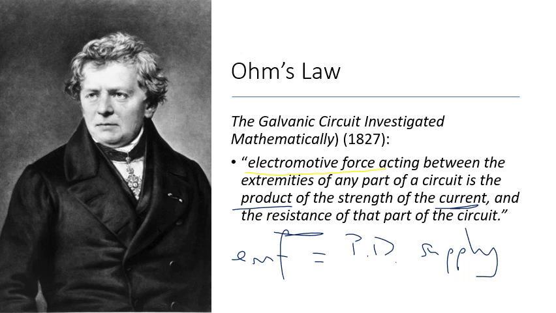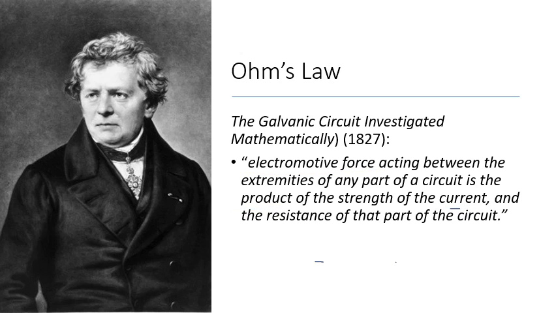So the driving potential difference of the circuit is given by the strength of the current multiplied by the resistance of the circuit, which we can write as V equals IR. We could have got there from our graph, because our graph showed that V was proportional to I, because it was a straight line graph that went through the origin.